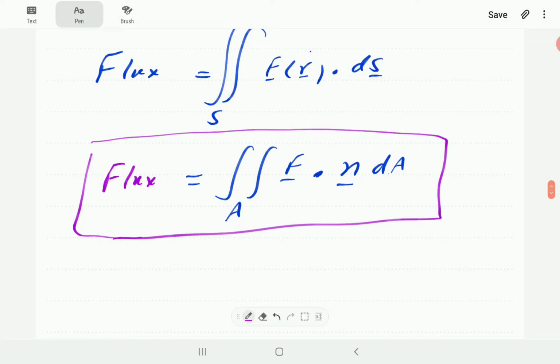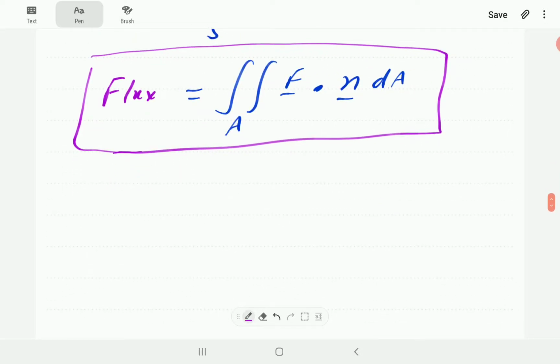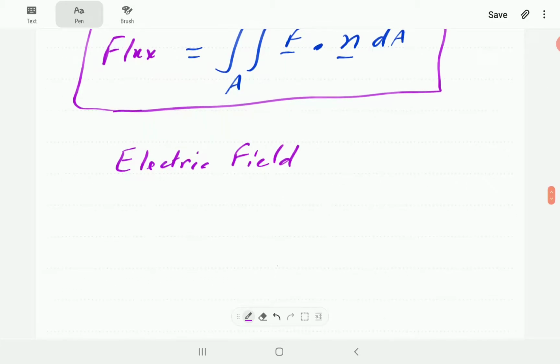All right. Some of the quantities that we're usually interested in the flux of are, for instance, the electric field. We could be interested in the flux of an electric field through some surface or loop.